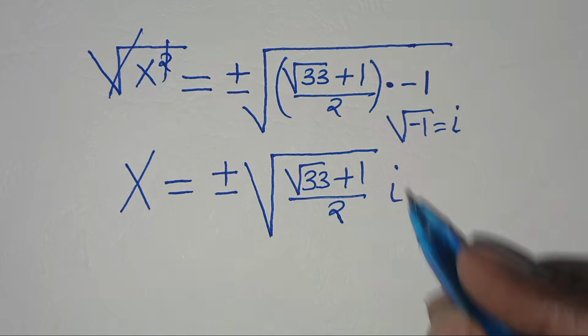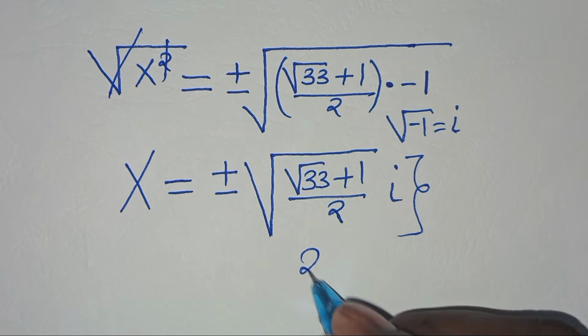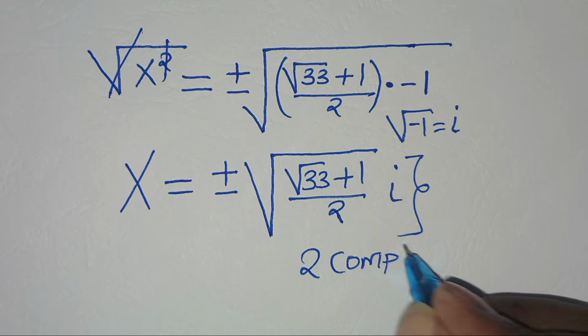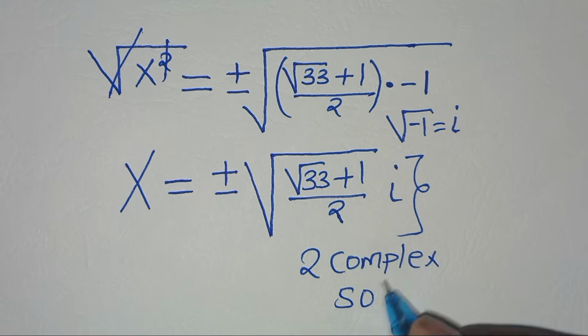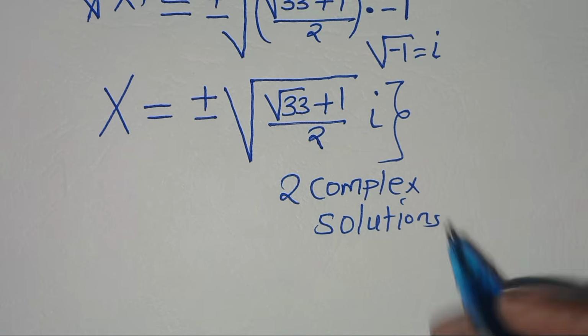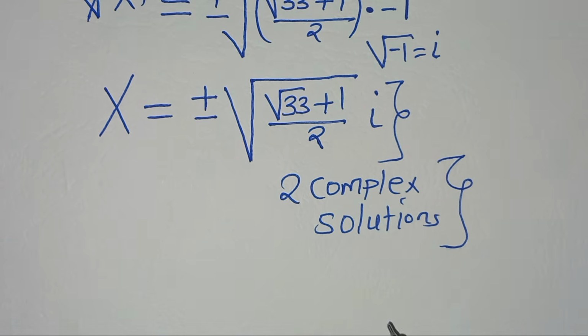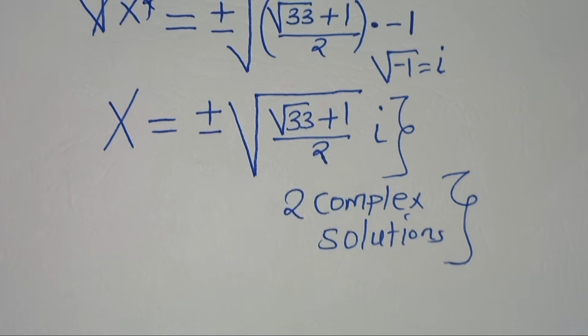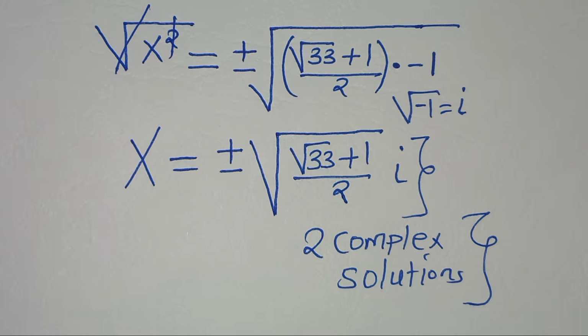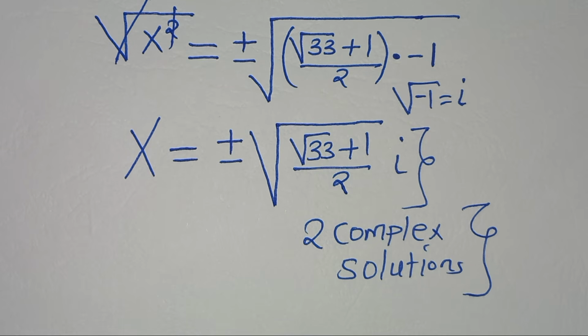So this means that here we have two complex solutions for this algebra problem. So in total we have 4 solutions. We have 2 real solutions and 2 complex solutions.